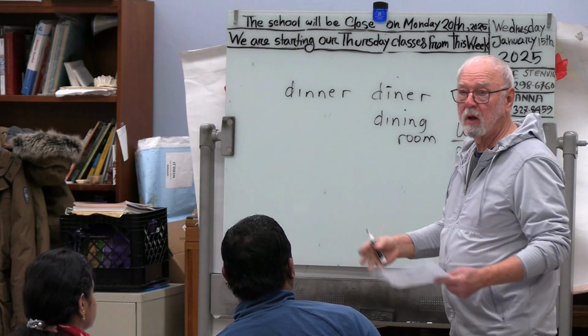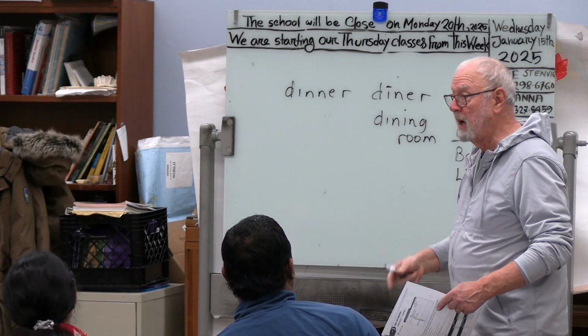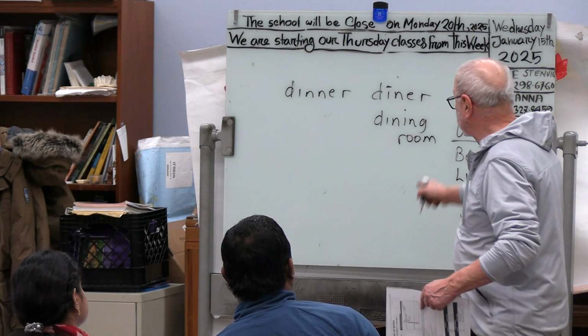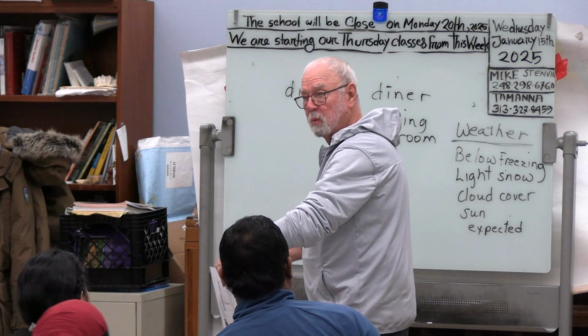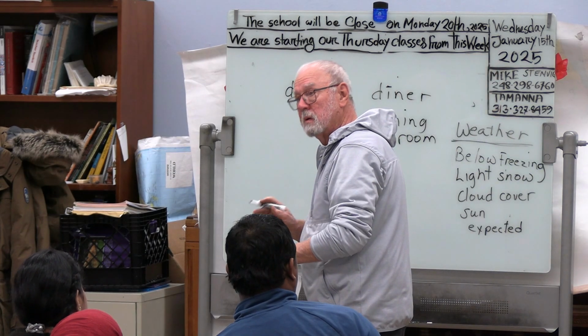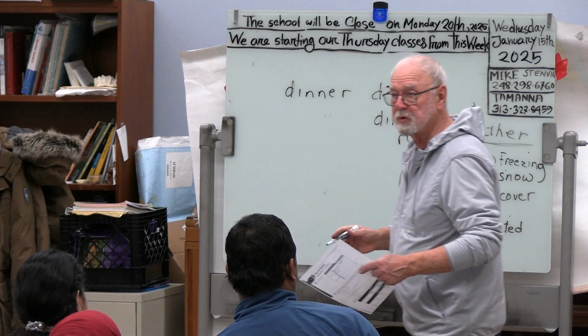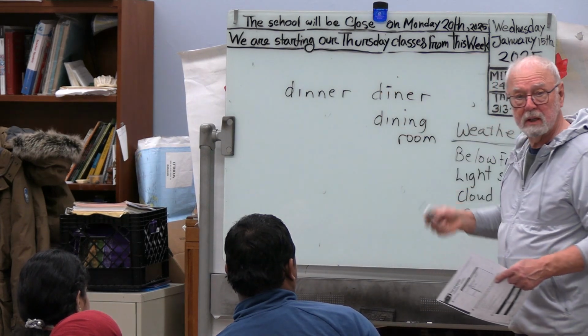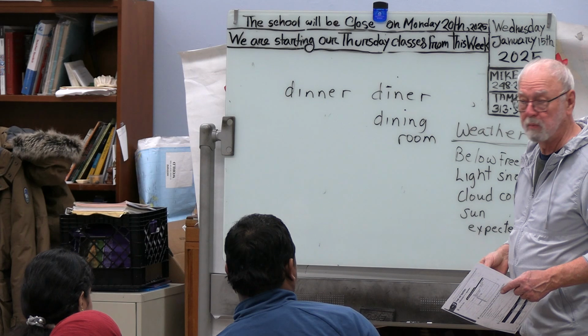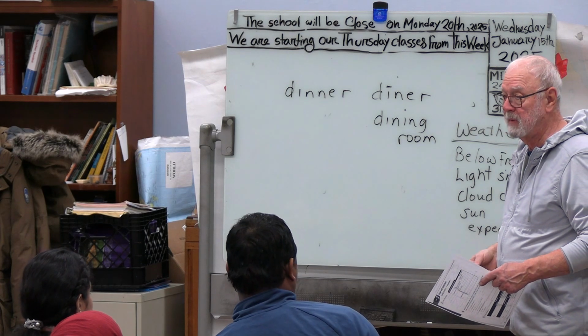We call that the kitchen. But often, the dining room is the room off the kitchen with no refrigerator, no stove, and it's where you sit down and eat. Dining room, where you eat.